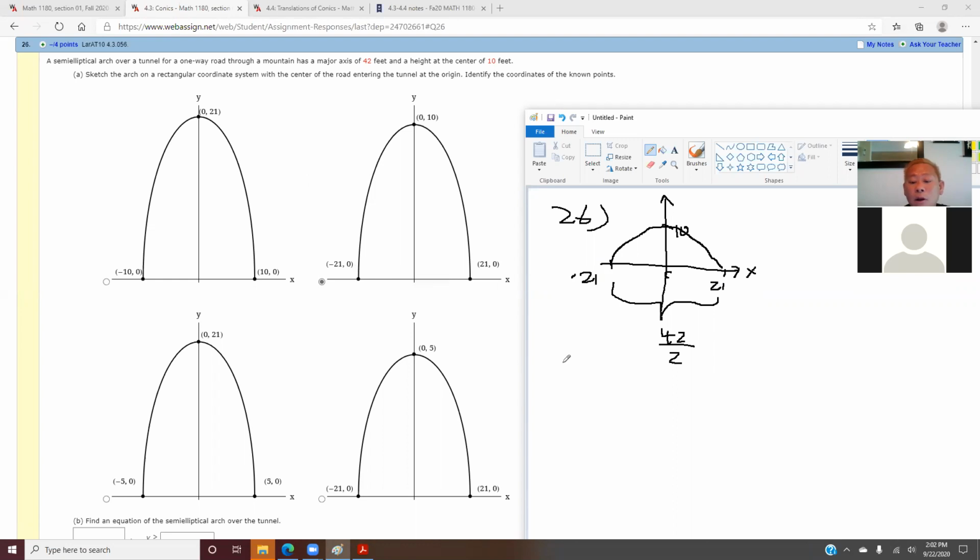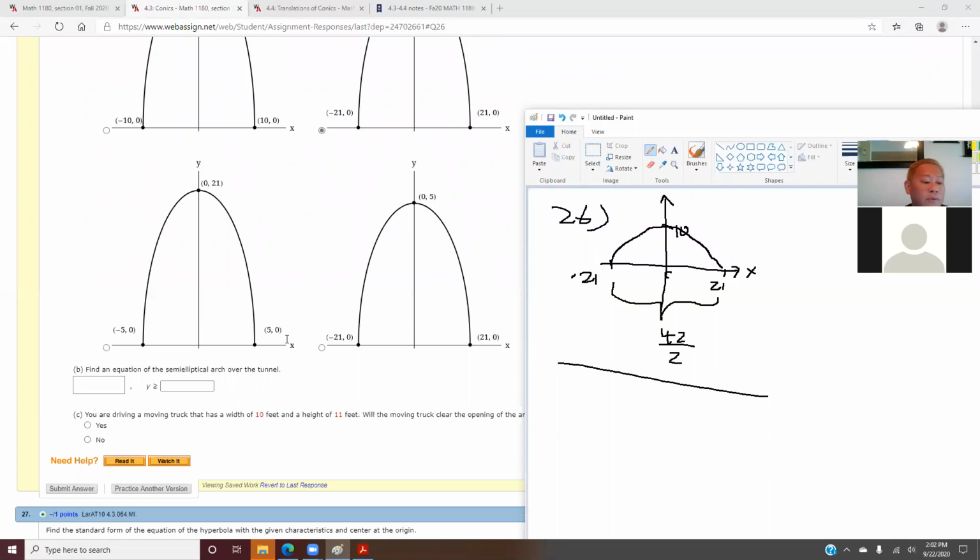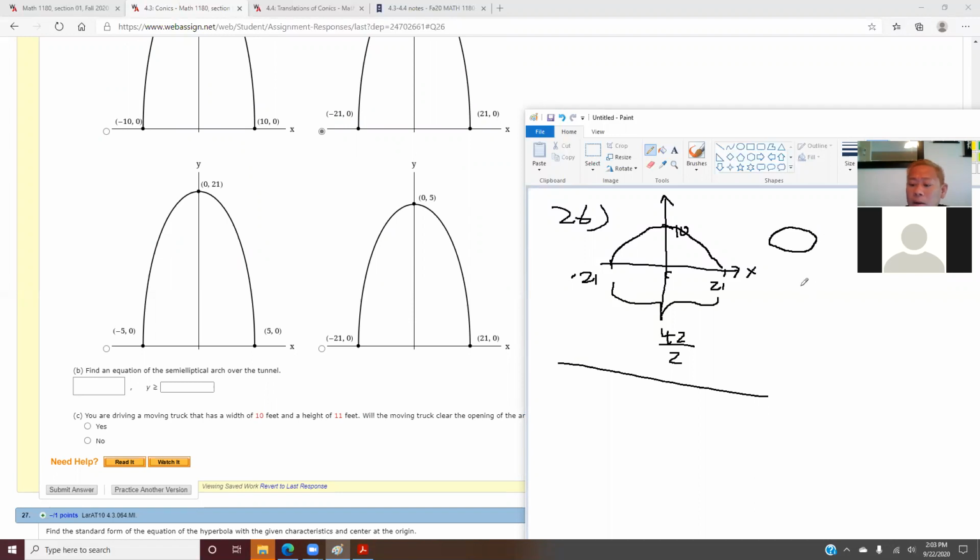Now question B is to figure out the equation of a semi-elliptical arc. By the way, is your ellipse going this way or going that way?